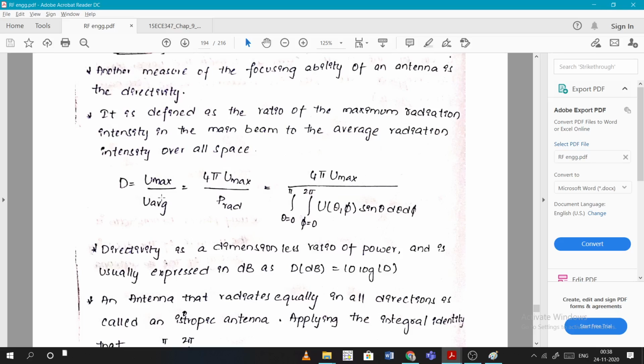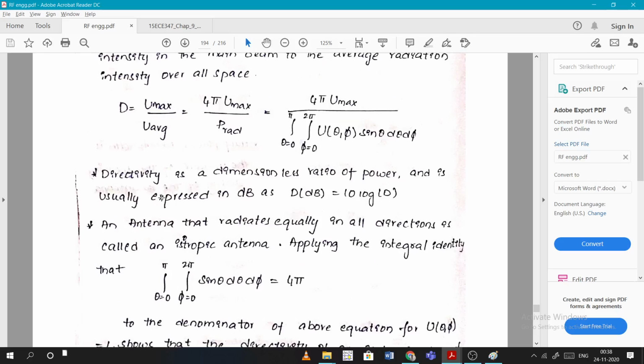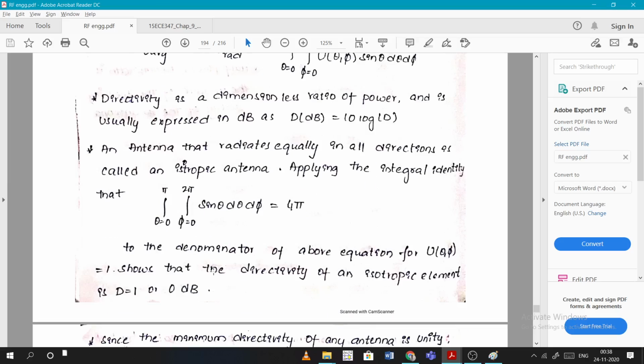Next, an antenna that radiates equally in all directions is called an isotropic antenna, applying for the ideal radiation. Basically, if the antenna radiates a signal equally in all directions, then we call it an isotropic antenna.